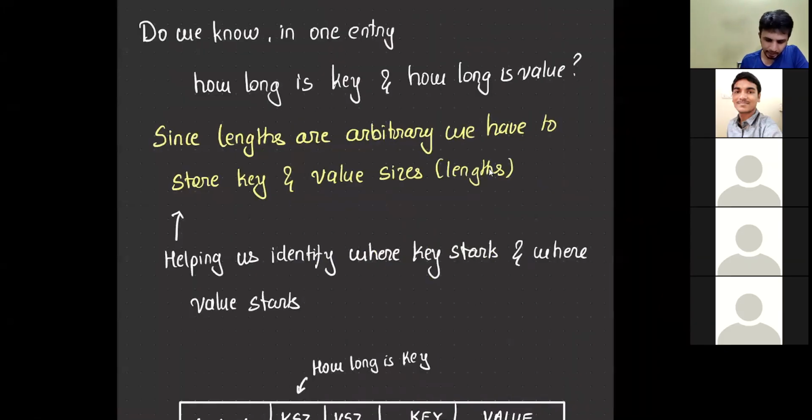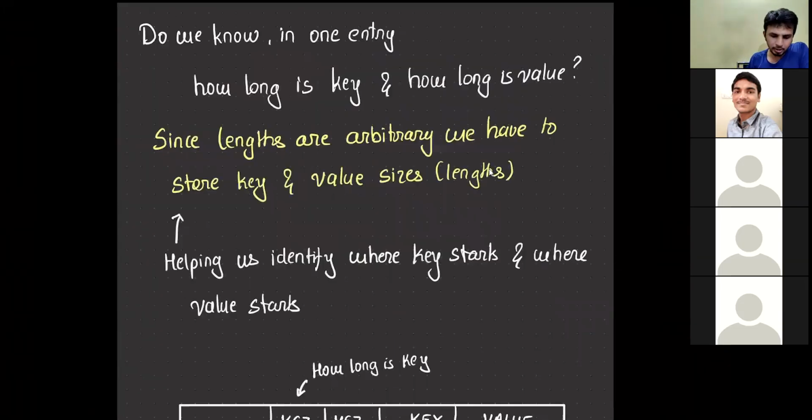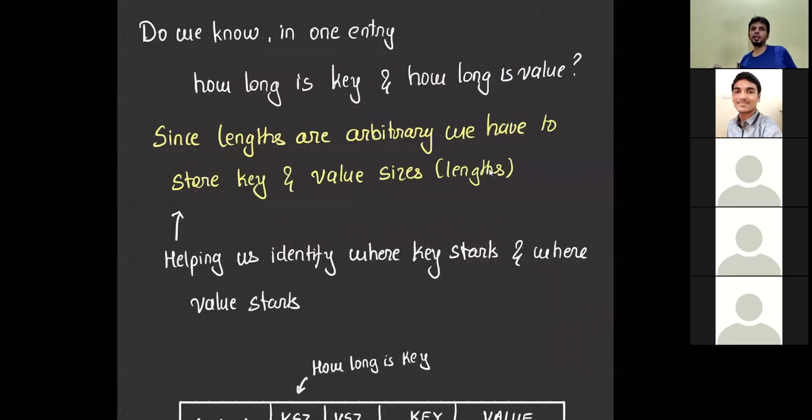Each entry would look like key comma value. So when we're designing this, our key length could be variable, our value length could be variable. With this, since lengths are arbitrary, we have to store the key size and value size, something that we were discussing with the word dictionary as well.